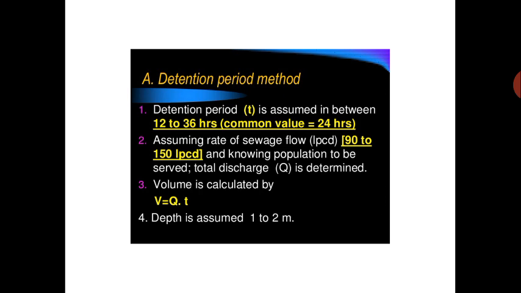Then area is equal to L × B, and assuming L = 2B, you will get both L and B. You have already assumed the depth, so you can design the dimensions of the septic tank.